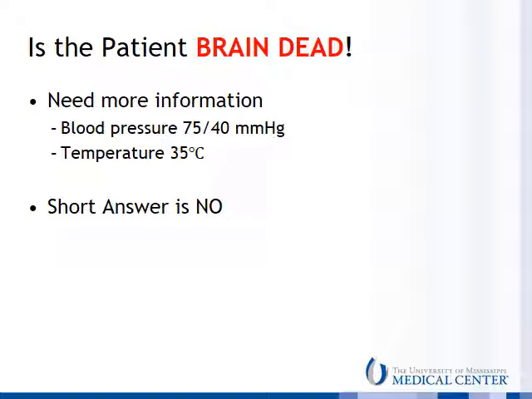A person's heart and lungs can still function, but once they're declared brain dead, then for all legal purposes they are deceased. And that has a lot of weight and impact in what we do for these patients.